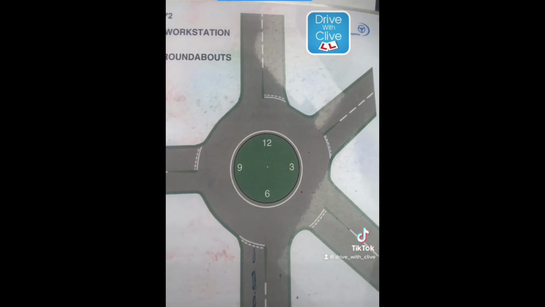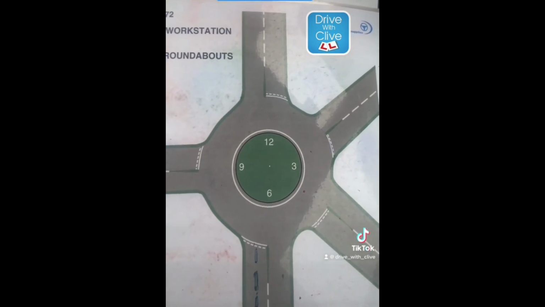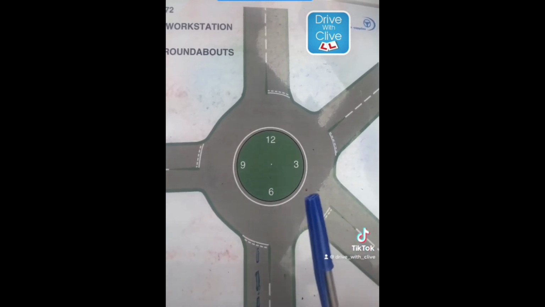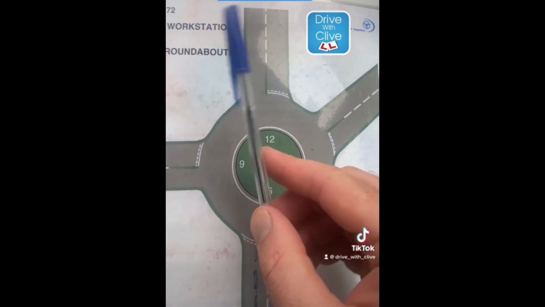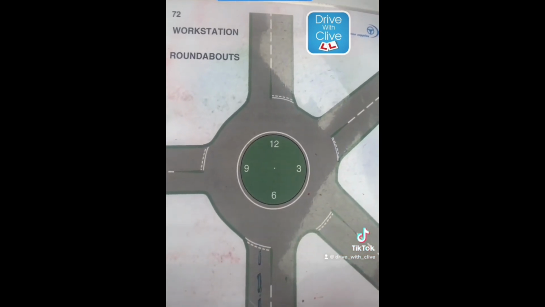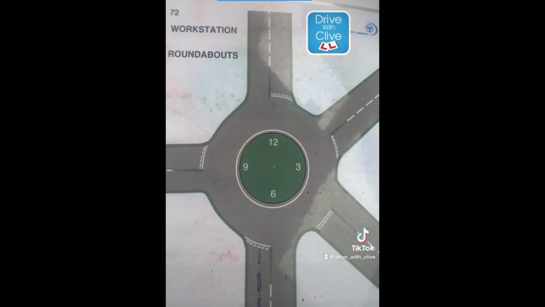Now the next rule is for your signals. I use the 12 o'clock rule for this as well, actually. So if your exit is at 12 o'clock or before, you have one signal. You'll see in the rules of the road book it says that you have to signal left at the previous exit or slightly after.